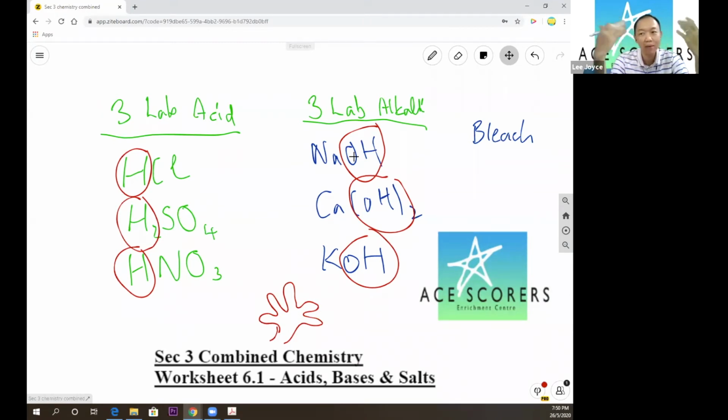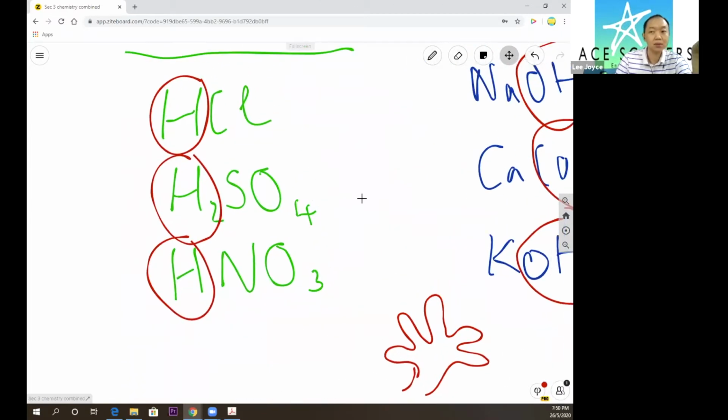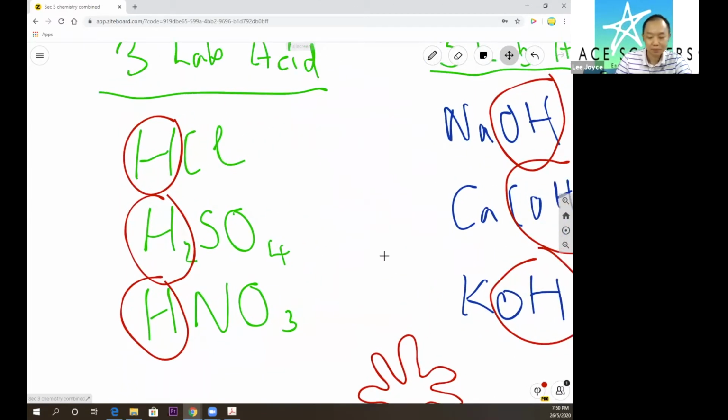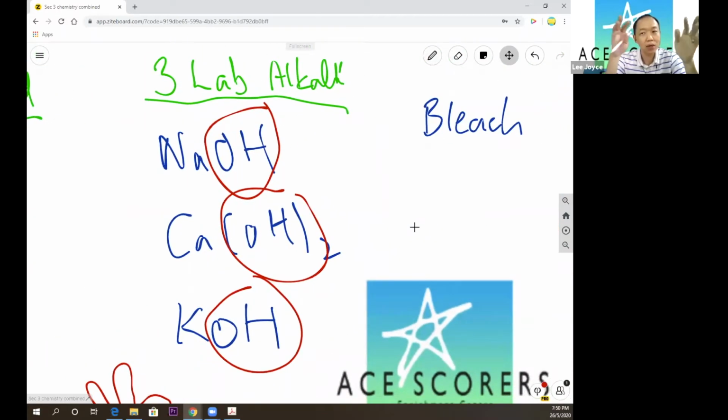It can be some other weird stuff. But if there is H, hydrogen, in front, then you know this fella must be acidic. Or if you see an alkali, which has OH at the back, then immediately you know this fella is alkaline.